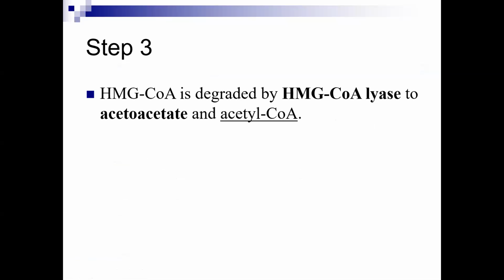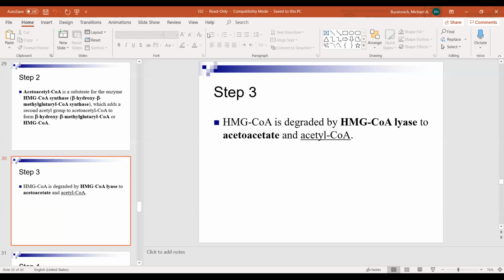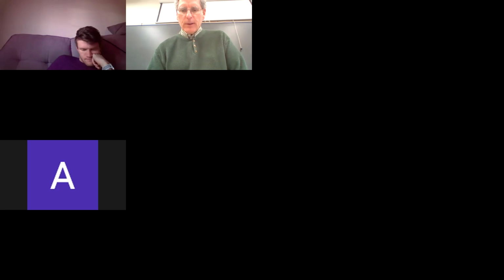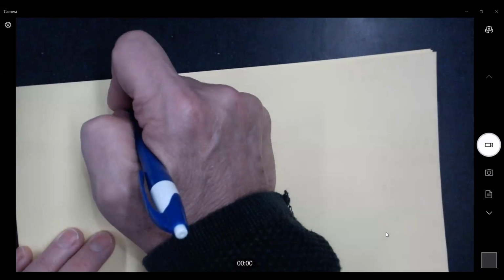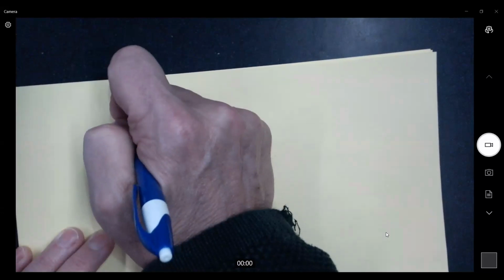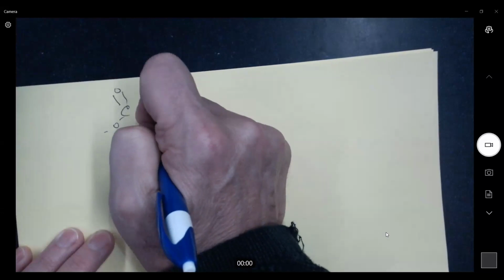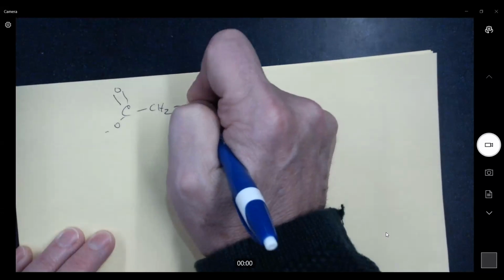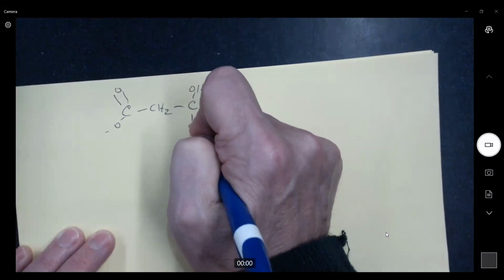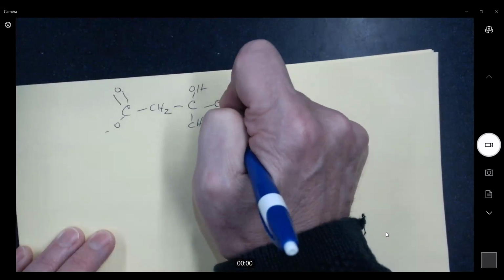So once again, back to the blackboard. I'm going to keep my carbon straight here. I'll add an extra carbon.